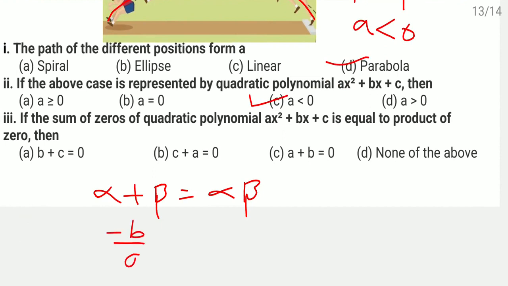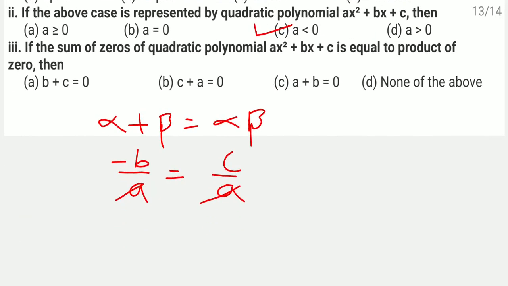Minus b by a, which is equal to what? c by a. a and a got cancelled. Now here, as a and a got cancelled, I can easily write this minus b will go that side, it will become plus. So b plus c, which is equal to 0. Okay. So our option A is the correct one.